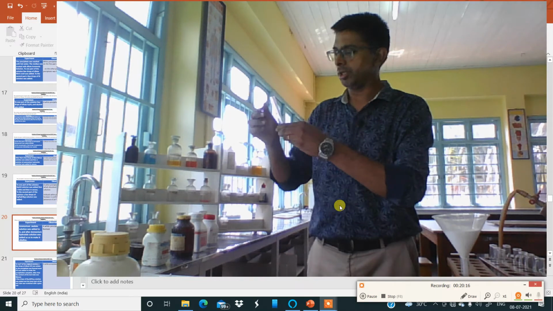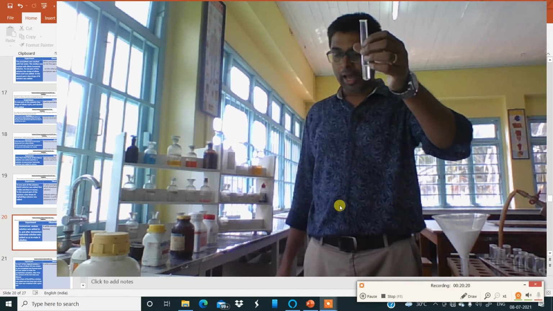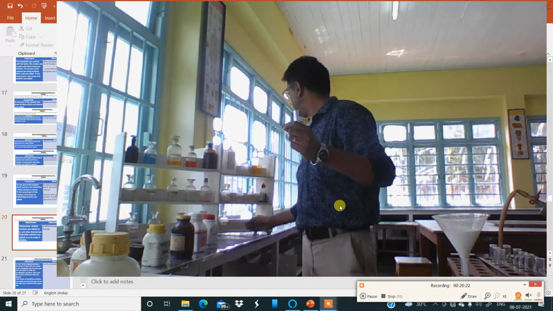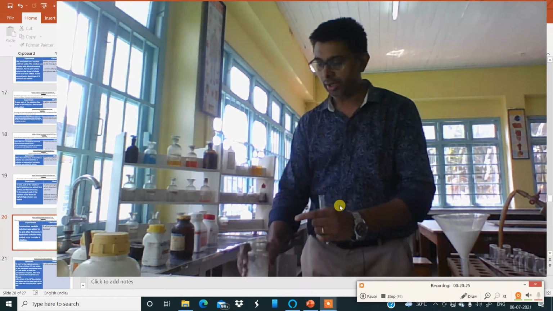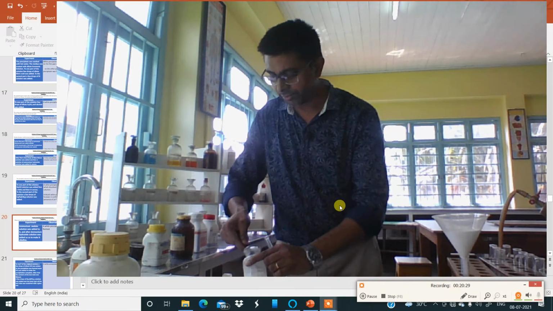Okay, the solution is made. Now to this calcium salt solution, I will add a little bit of solid ammonium chloride.